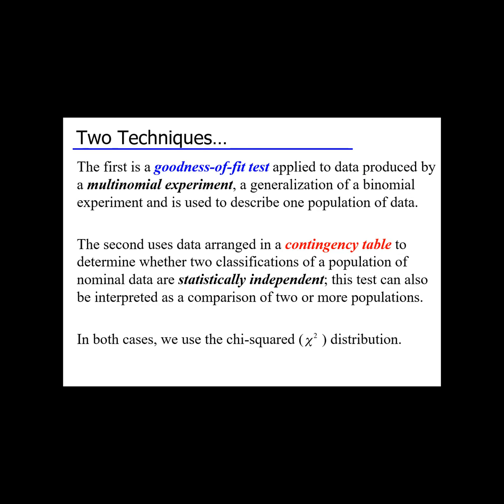We are saying that in this chapter, we will be using two techniques to analyze data. The first technique is goodness of fit. We use goodness of fit when we are dealing with a multinomial experiment. And then secondly, the second technique is contingency table. We use contingency table when we are testing for statistical independence of the variables or of the events. Are we together?